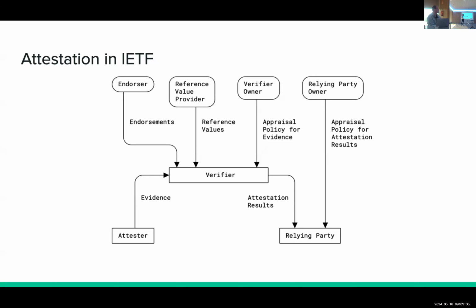And what the verifier produces is this attestation result. Now the relying party, which can be the end entity, can make a decision based on its own additional appraisal policy. So this is how the RATS architecture, in a nutshell, is defined. And there is a RATS working group. Next slide, please.